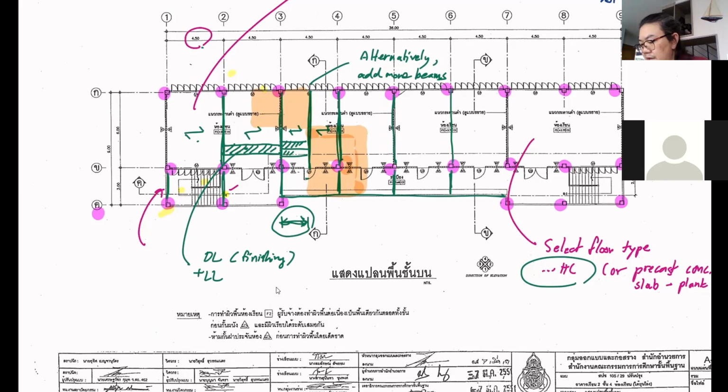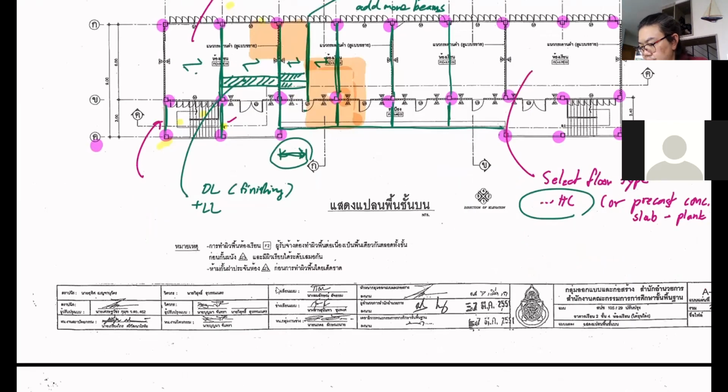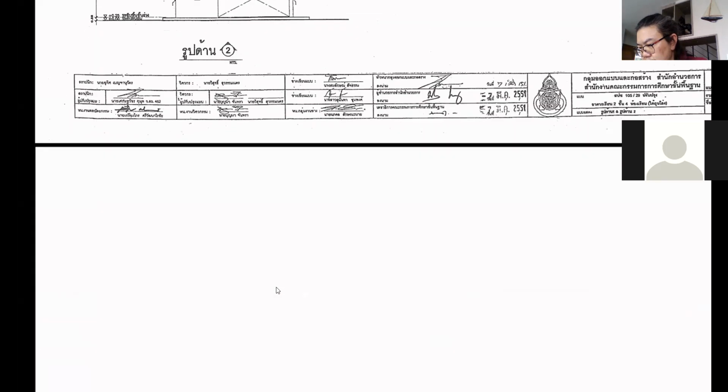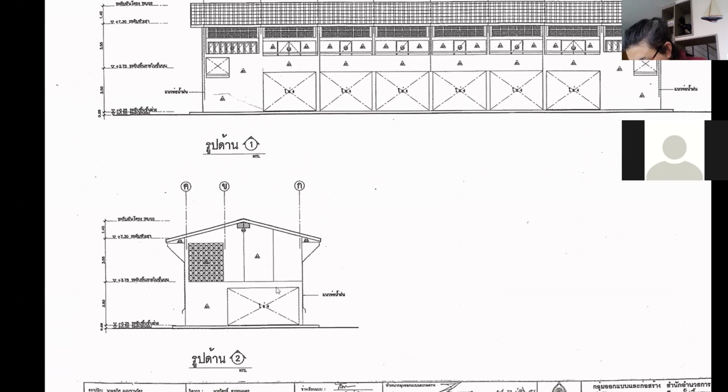I say this because we have only 2 stories. So let's go see the cross section. Like here, chances are if the building is like this, you're not going to have anything, maybe nothing underneath the floor.